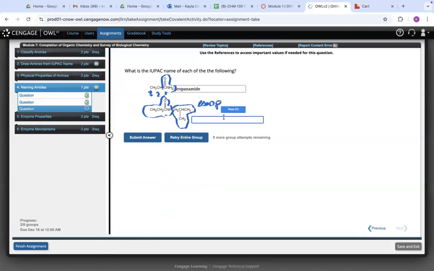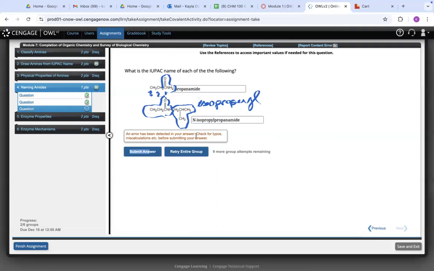This is an isopropyl group. It looks a little bit different than when I drew it on your functional groups, but if you get this in your OWLs, it's an isopropyl group. So this is N, because that isopropyl group is coming off of carbon 3. I'm sorry, coming off of the nitrogen. Prop again, because there's 3 carbons in the main chain, and amide.